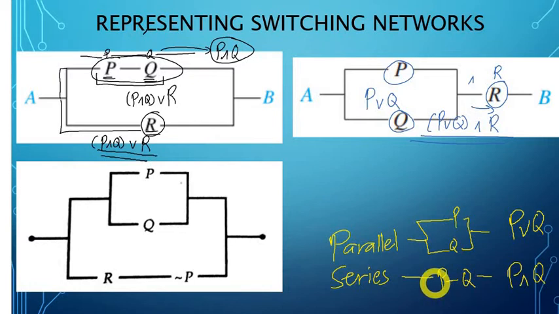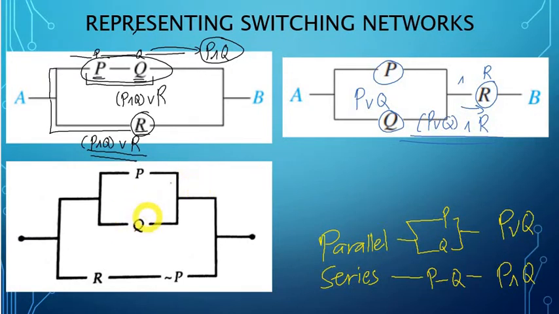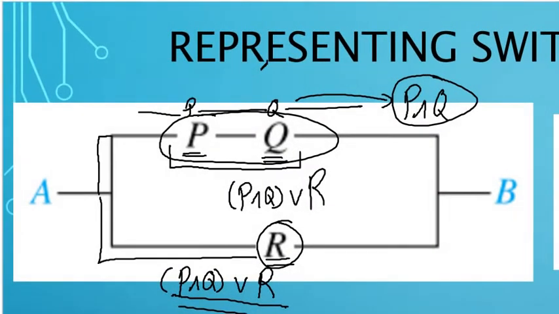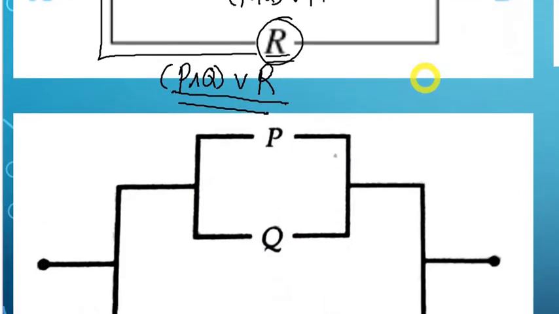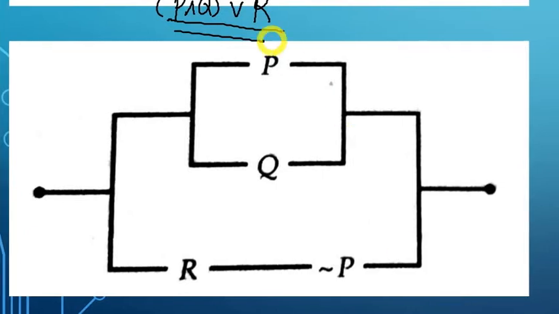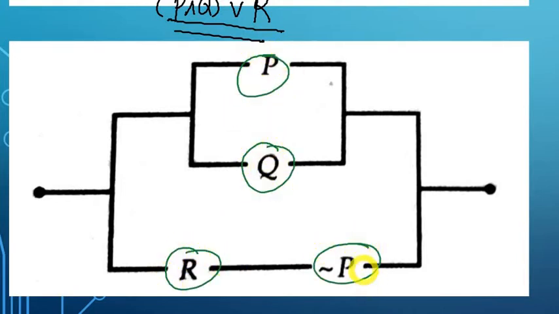Alright, so let's now go to the last one here. As we can see, we have P and Q, R, and a not P as well.